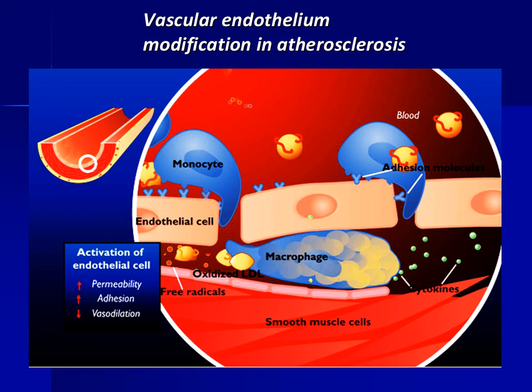During early stages of atherosclerosis, the integrity of the endothelium is compromised, which results in increased permeability, which facilitates the penetration of the intima by atherogenic lipoproteins. Increased adhesion, which facilitates migration of monocytes into the subendothelium. Diminished vasodilation, which compromises hemodynamic control.